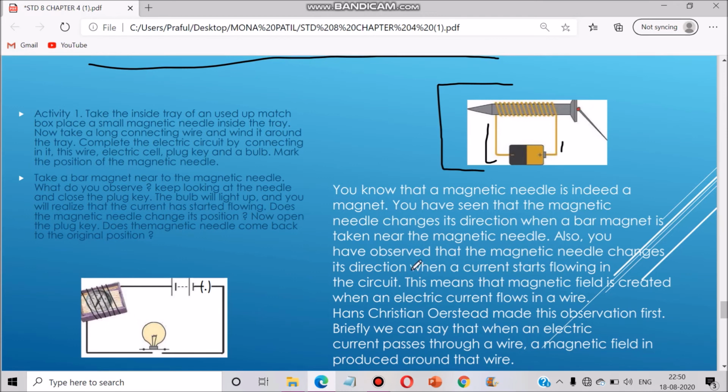Also, you have observed that the magnetic needle changes its direction when a current starts flowing in the circuit. This means that a magnetic field is created when an electric current flows in a wire. Hans Christian Ørsted made this observation first, and briefly we can say that when an electric current passes through a wire, it produces a magnetic field around that wire.